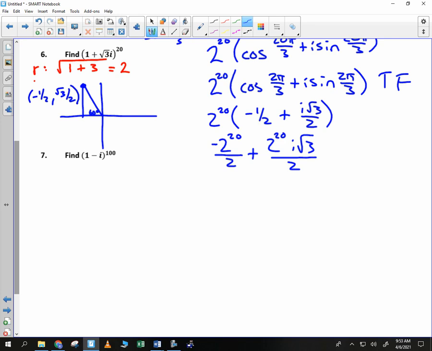Hey, 2 to the 20th over 2, that's going to make 2 to the 19th. So we get negative 2 to the 19th plus i 2 to the 19th roots of 3. And that's complex form. Good work.